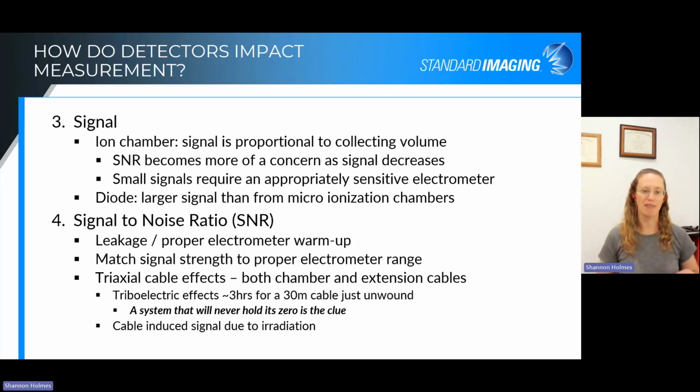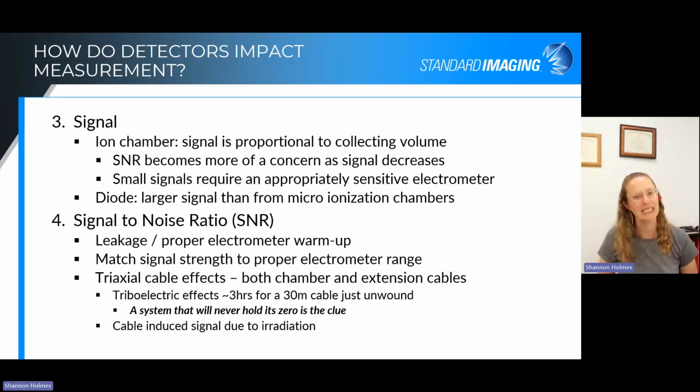So a system that will never hold at 0 may be a clue that you need to wait for your cable to relax, or if your cable is old and damaged and kinked and twisted and all of that, don't use it for small fields. Use it only when you have big signals. And actually, I'd cringe a little bit if you use it then too.